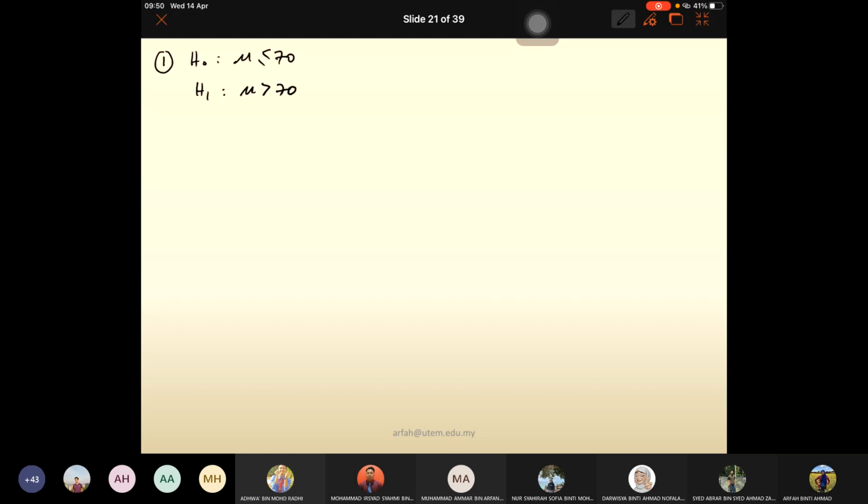So this is the hypothesis statement. So we can see that this is a one-tail test. And then step two, you were given the significance level. Alpha equal to 0.05.